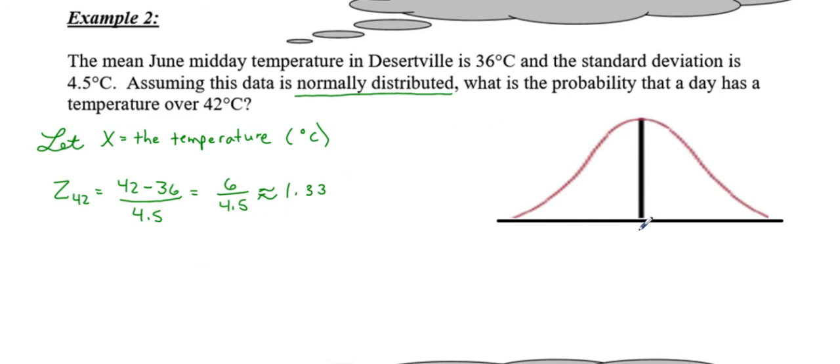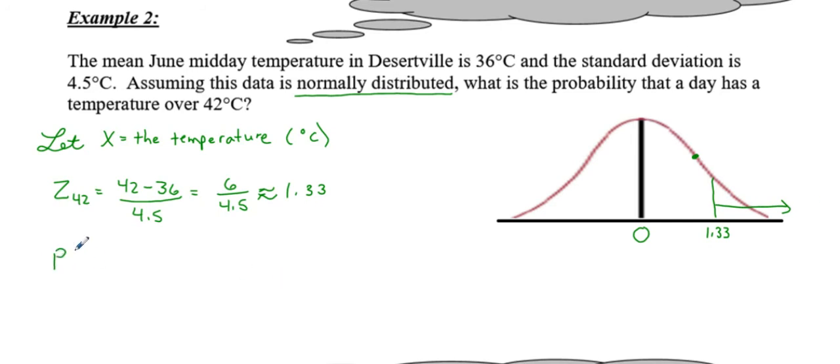So here we have a z-score of 0, that's the mean. Your point of inflection is approximately here. So a z-score of 1.33 is approximately here. And what we are looking for is the probability of being above that number.